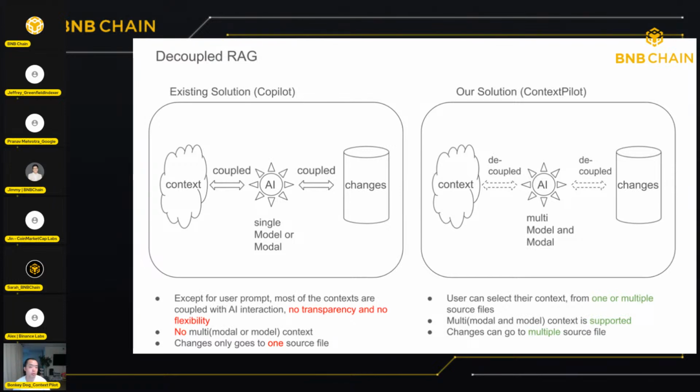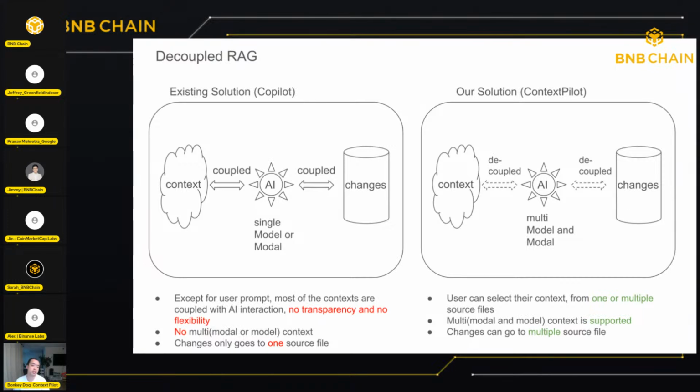For example, the most popular dev AI tool in the existing market is Copilot. Copilot is based on RAG, so they try to collect some of the software solutions and software stacks existing in the current repo, organize them as the context, and use a prompt to get the solution from the AI, do the auto completion, and apply the changes back to the repo.